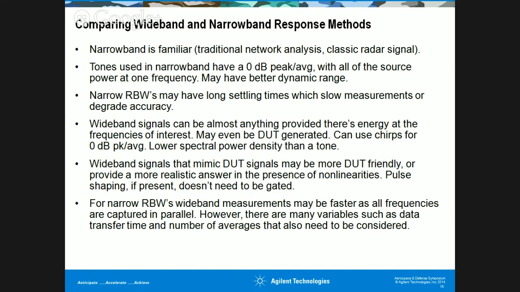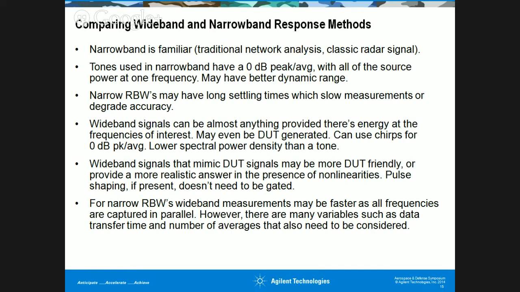Normally, the narrowband response method gives you better dynamic range, because the network analyzers mostly have a good dynamic range, and you are having 0 dB peak to average ratio. The narrowband method may have long settling times. In case you take a very small IF bandwidth or resolution bandwidth, it takes longer time to sweep. So that's a slow process.